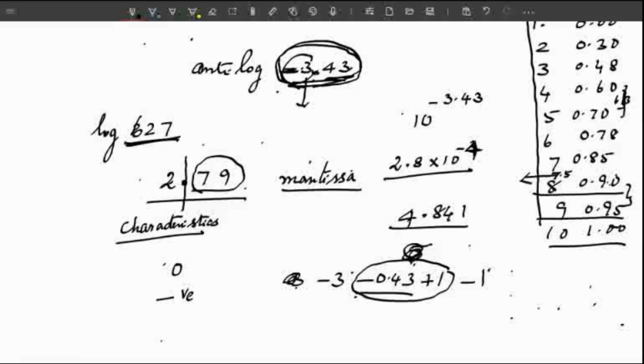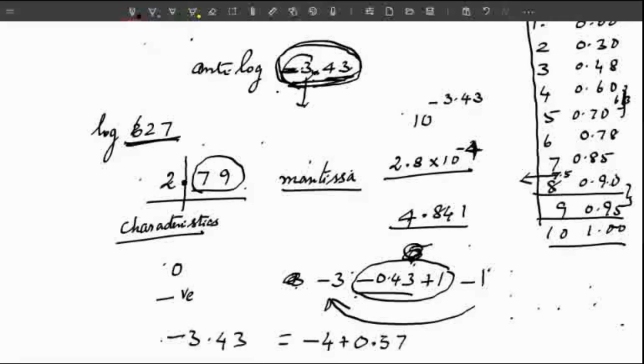Now combining the subtracted 1 with the 3, you will get -4, and the other value is 0.57. Therefore, -3.43 is equivalent to -4 plus 0.57.